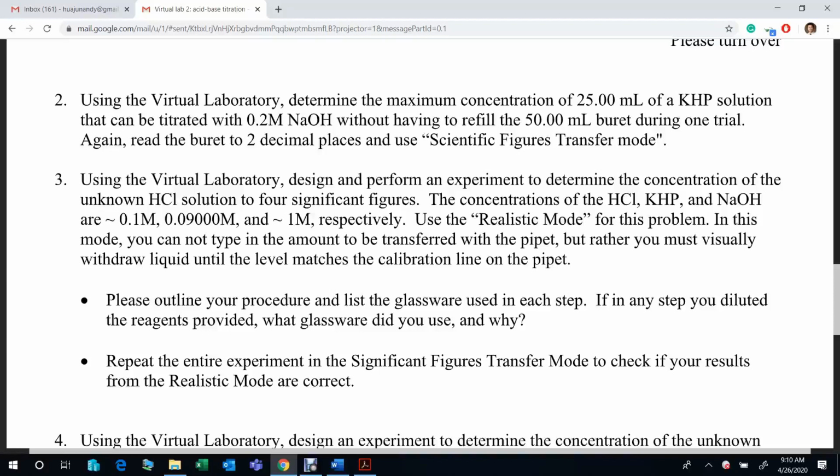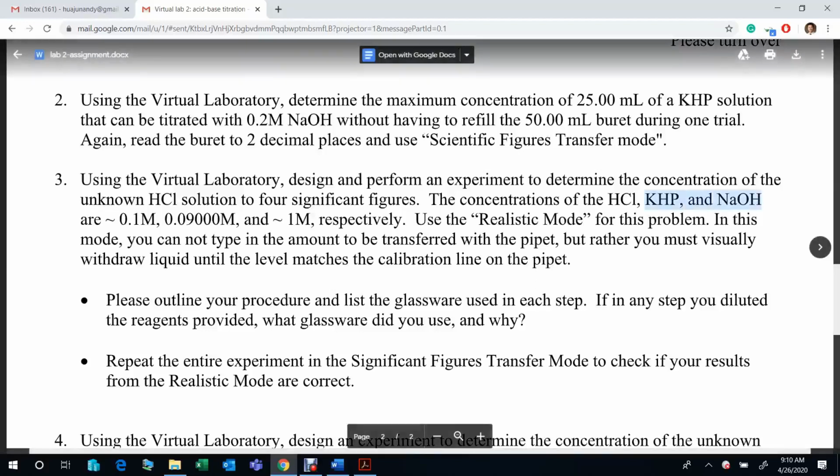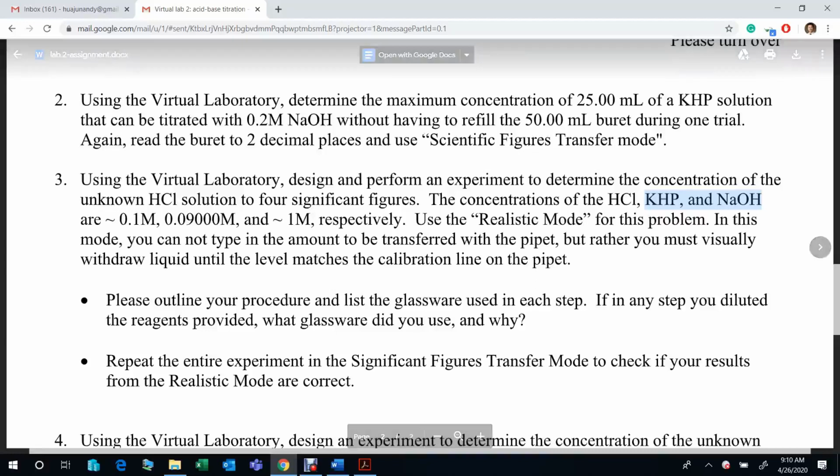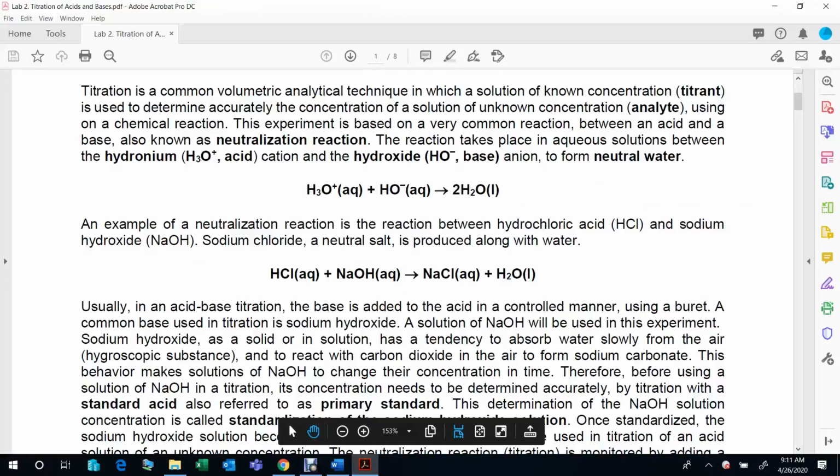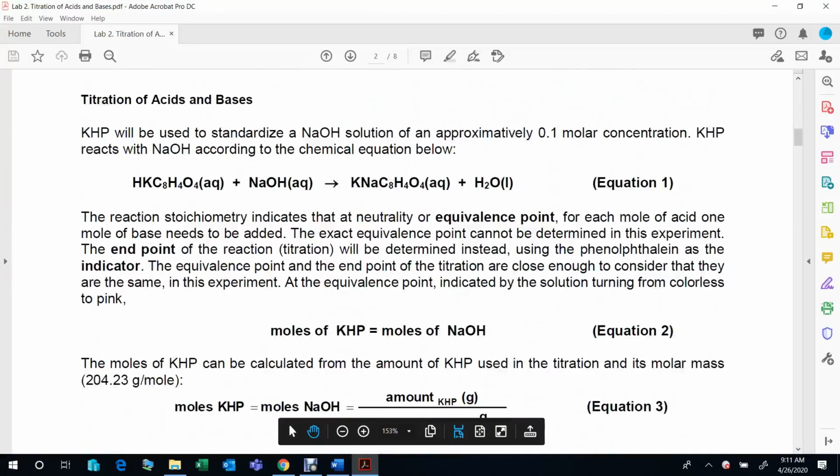So the first thing we can do is to do the titration between KHP and sodium hydroxide as we discussed before. For question 1, we know these two will react with each other in 1:1 ratio. KHP reacts with sodium hydroxide in 1:1 ratio.